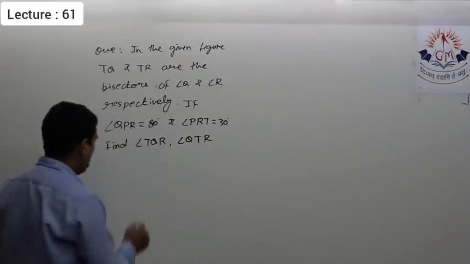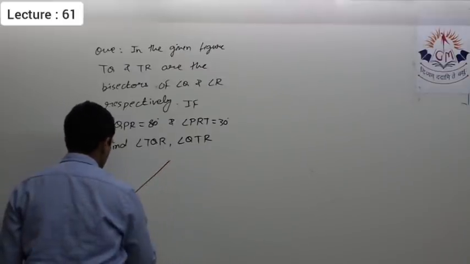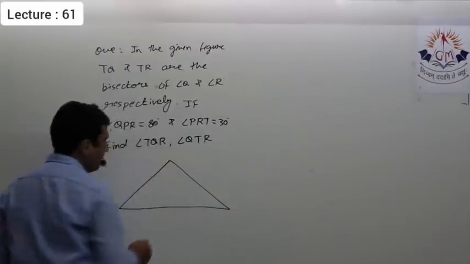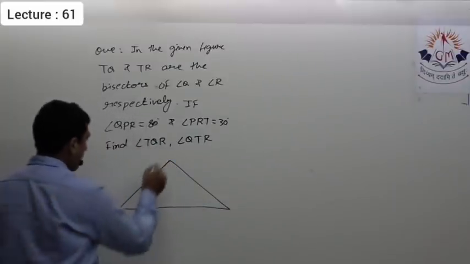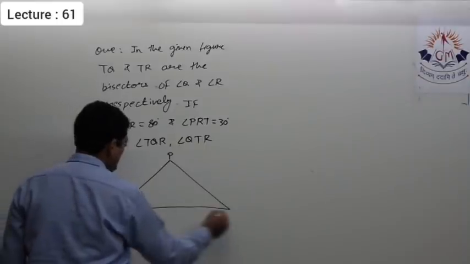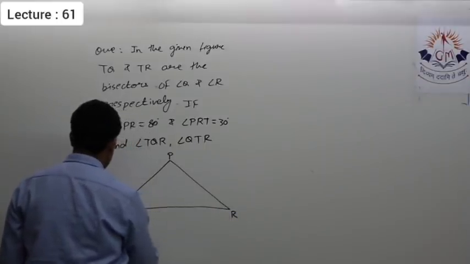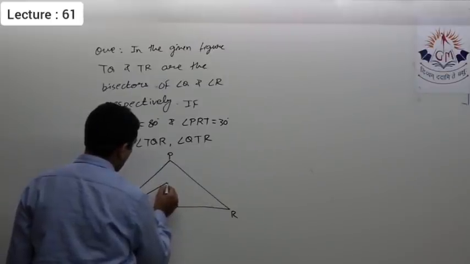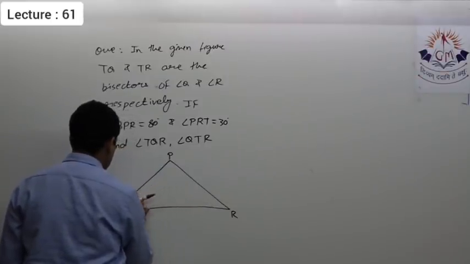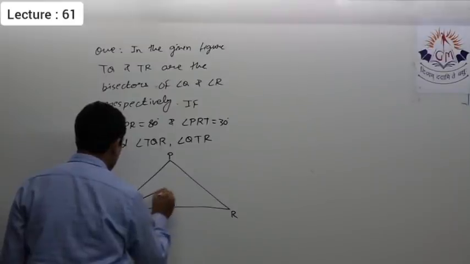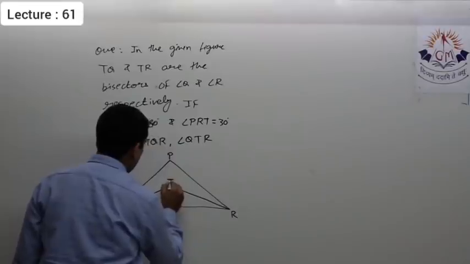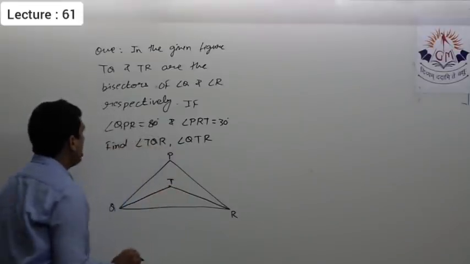So here is the diagram. Triangle is PQR, with points P, Q and R. TQ and TR are the bisectors of angle Q and angle R respectively.